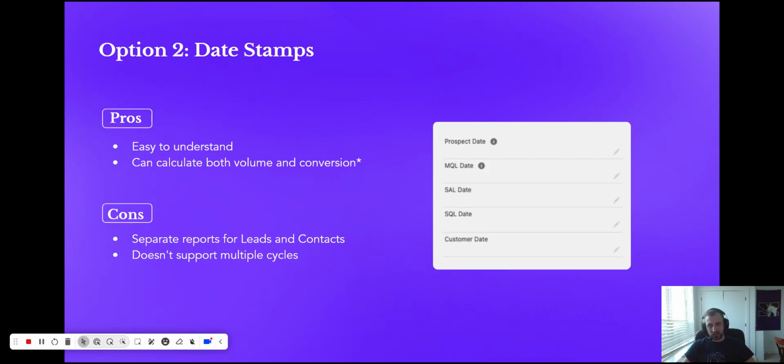But we're still stuck with separate reports for leads and contacts, and it doesn't support multiple cycles. You can, say, do first MQL date and most recent MQL date, and then you can support up to 2 cycles. But if somebody is going through 3, 4, 5 times through the funnel, you can't really report on that because you're going to be overwriting data as they re-enter your funnel.